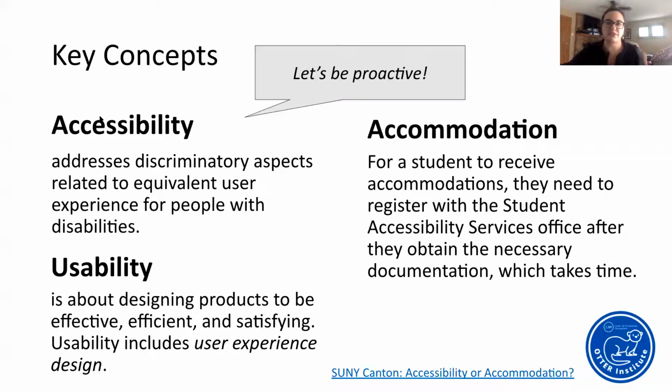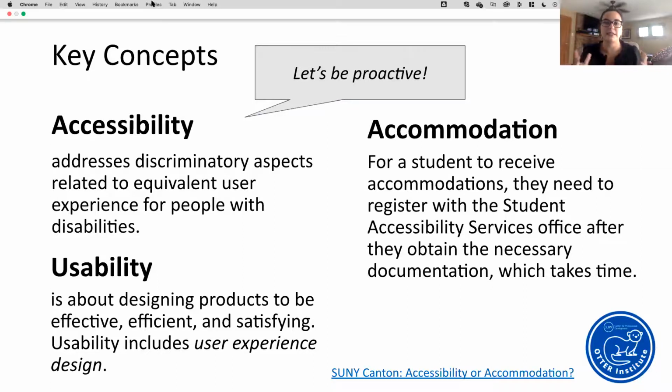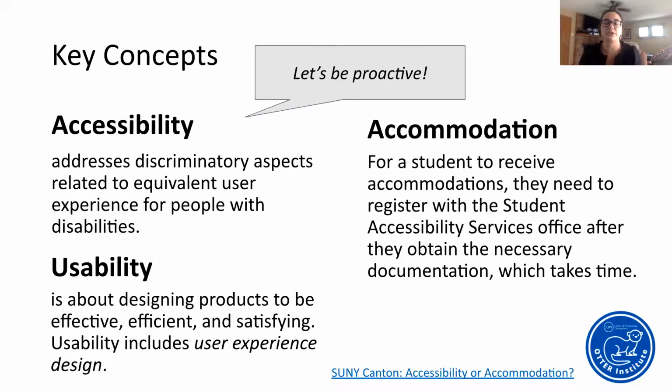So, big picture, we want to provide the most accessible experiences for our students and campus community members and the public, those with disabilities. Accessibility is the extent to which information can be perceived by all people with or without the use of assistive technology. It's all about meaningful independence, right?